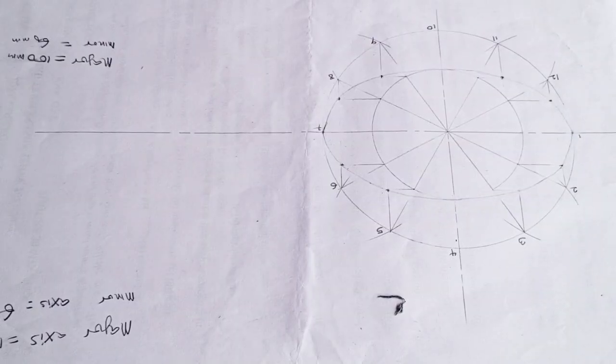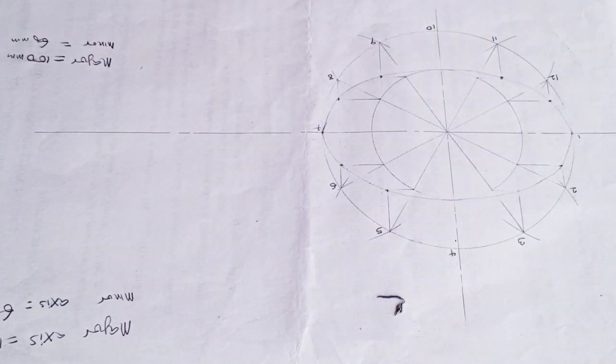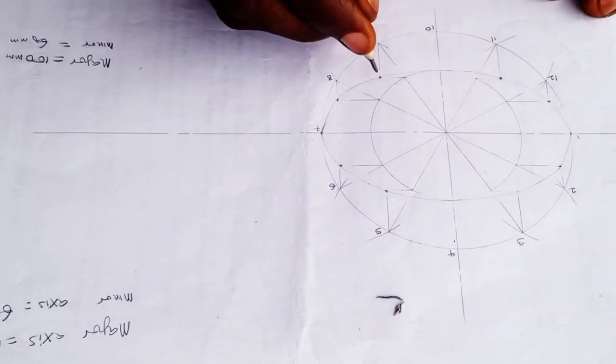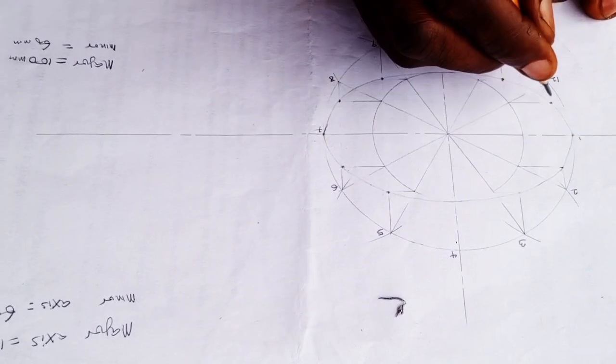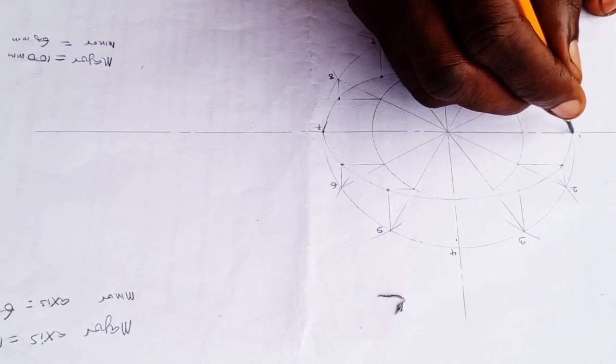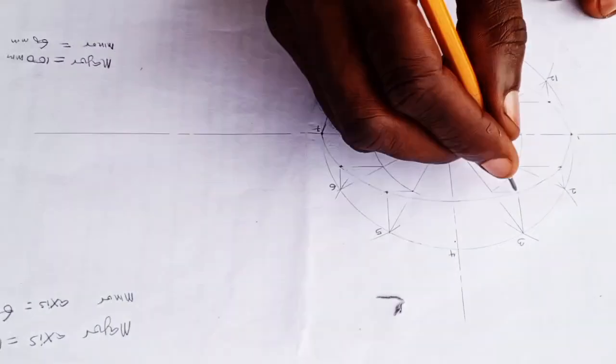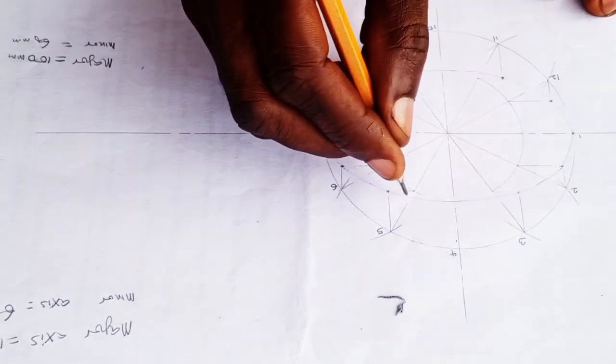Okay, so I've been able to get all my points. You can see the points where the horizontal line and the vertical line meet are the points for my ellipse, which will include point 1 and point 7. So these are the points.